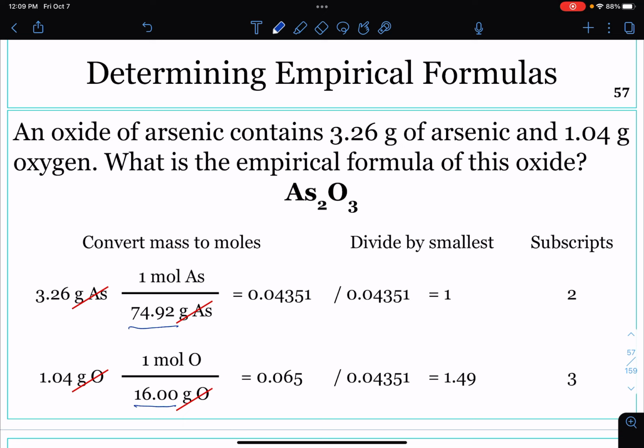Then we need to divide both of the mole amounts by the smaller of the two, which is 0.04351. And then we see we come out with 1 to 1.49, which easily rounds to 1.5. And then our subscripts must be doubled so that we have whole numbers, As2O3.